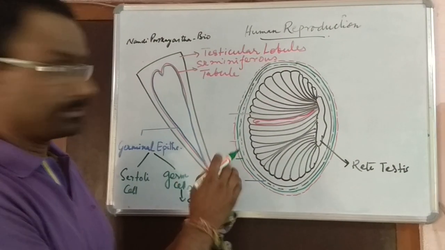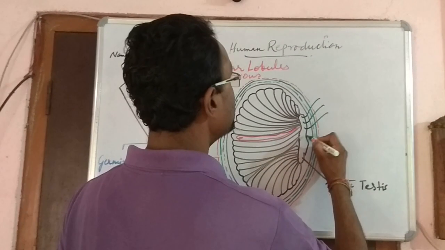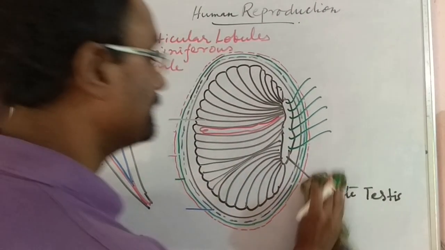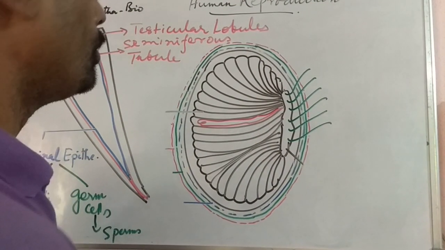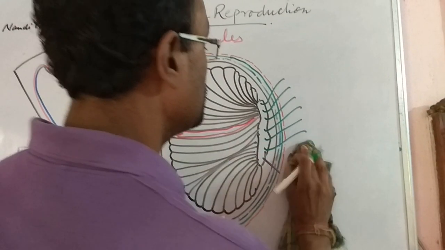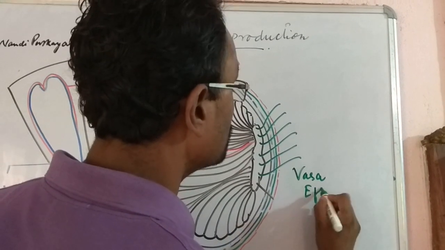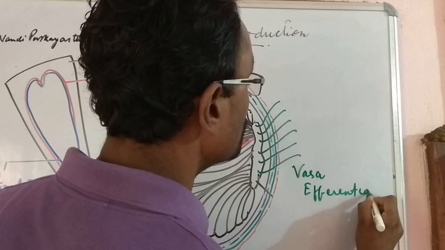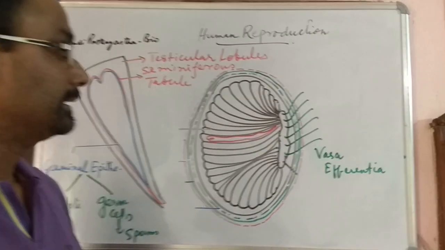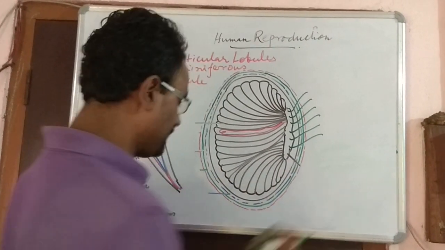Okay? Now let's come here. Here what are you finding? From the irregular body rete testis, small tubes come out. These small tubes are known by the name vasa efferentia. Try to get the name. It is called what? Vasa efferentia. Now I am rubbing it. So after that, what happens?